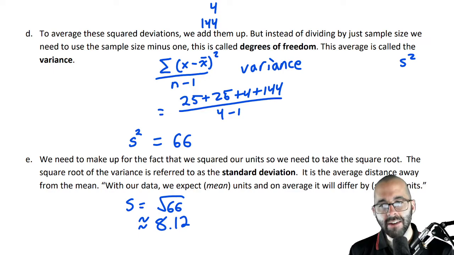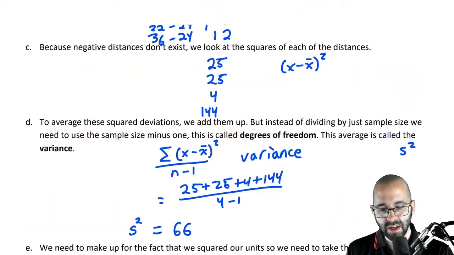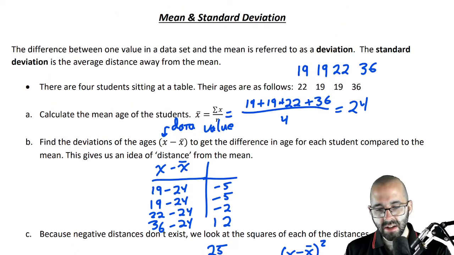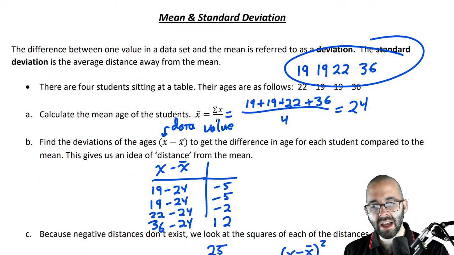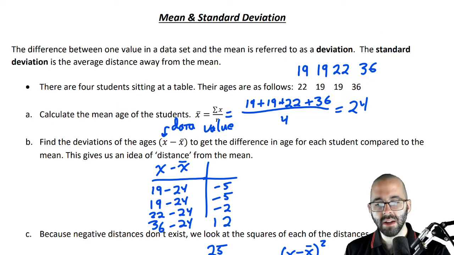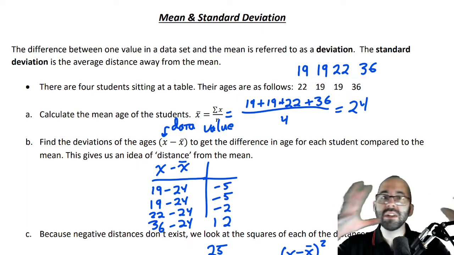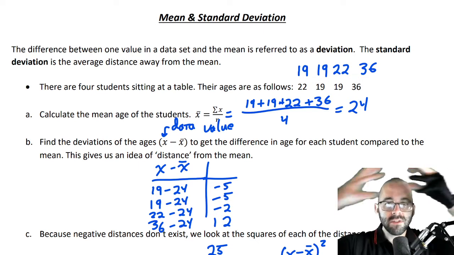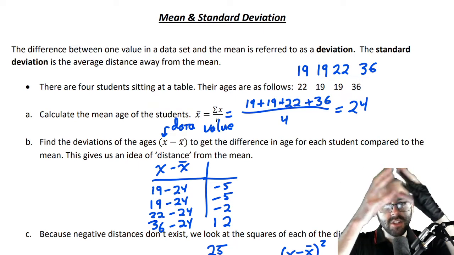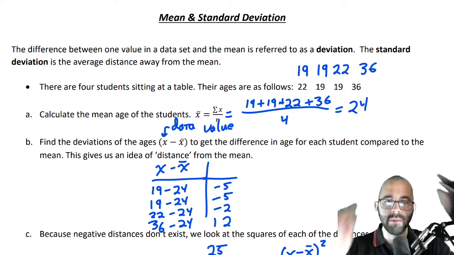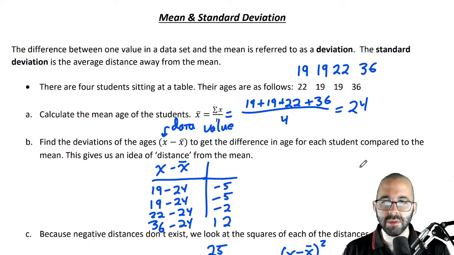And this shows the average distance from the mean for our data. So again, if we scroll back up, right? This is our data. What's the average distance, in a sense, from our mean? So if the standard deviation is big, that means things are really far away from the mean on average. It's a measure of spread. If the standard deviation is small, that means things are very close to the mean. Again, a measure of spread.